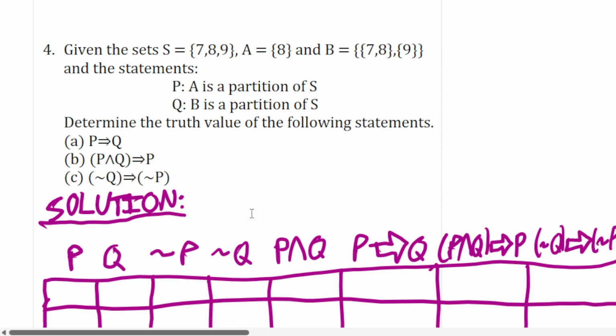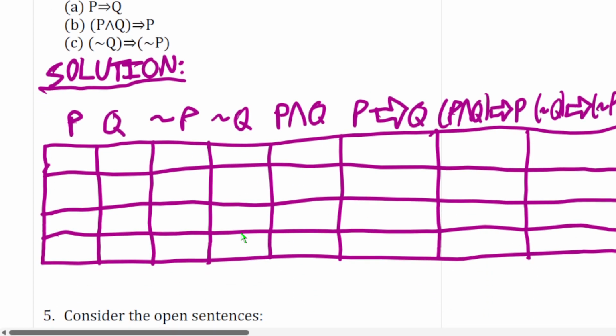And we are given these two statements, P, A is a partition of S, and Q, B is a partition of S. And we need to determine the truth value of the following statements. The first one being P implies Q, the second one being P conjunction Q implies P, and the third one being not Q implies not P.